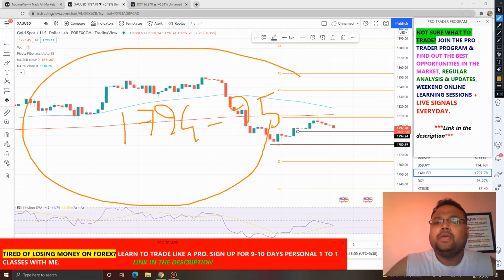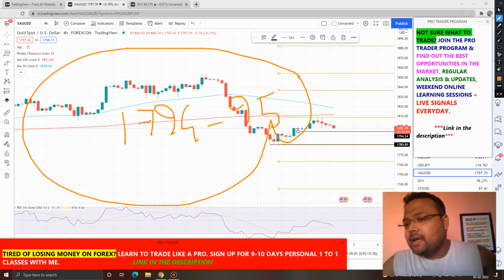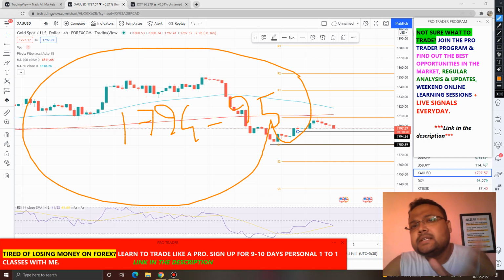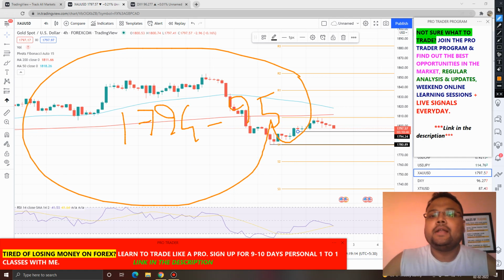We may see some sort of buying at this level, but to be honest, if you ask me, Avilash, can we rely on this level of 1794-95? I'll say no. If you have been scalping gold for a considerable period of time, then you can take the risk of taking a buy position at the 1794-95 level. Otherwise, I'll say strict no.